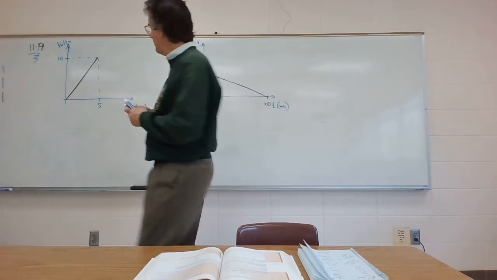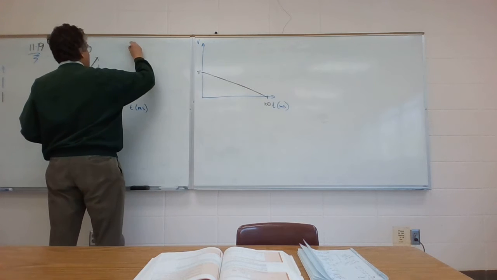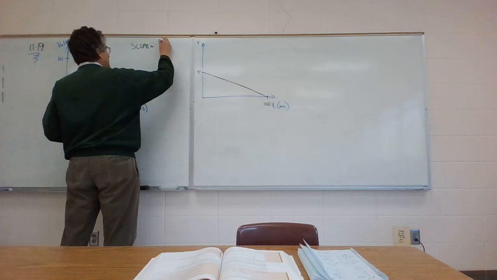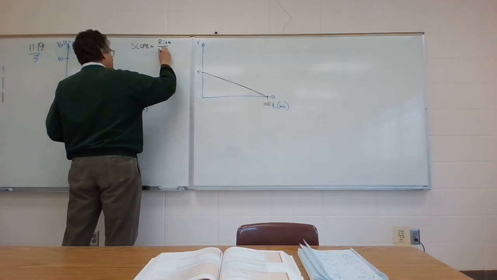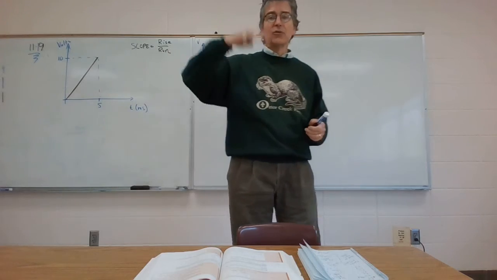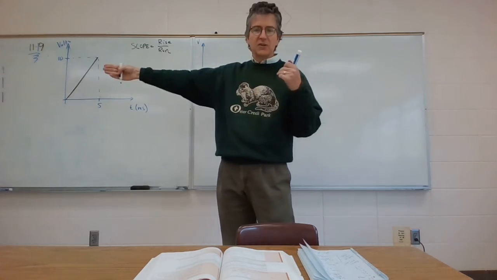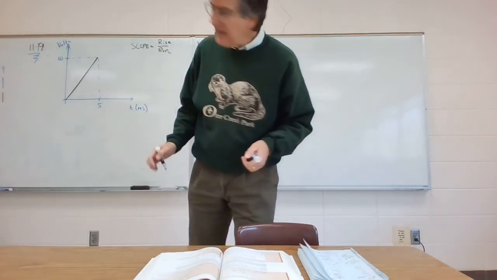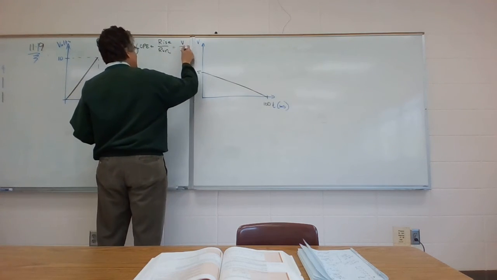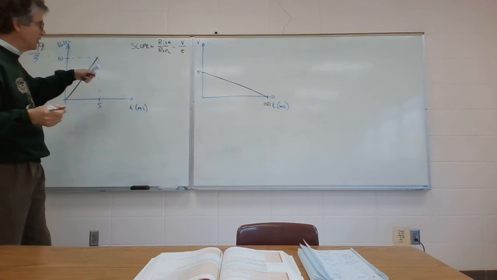Okay, slope is rise over run. Rise is how much it goes up or down, because you can have a negative rise. And run is how far it goes sideways. In this case, the rise is voltage and the run is time. So it's your voltage change over time.